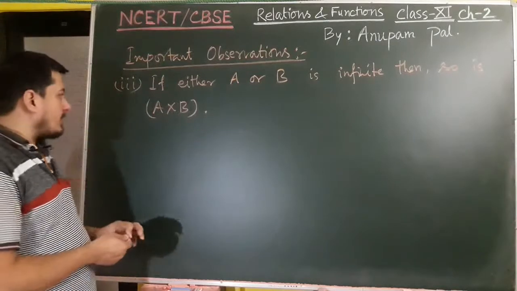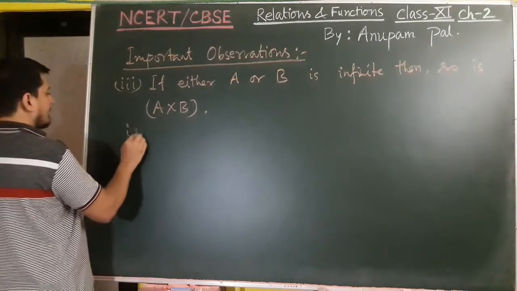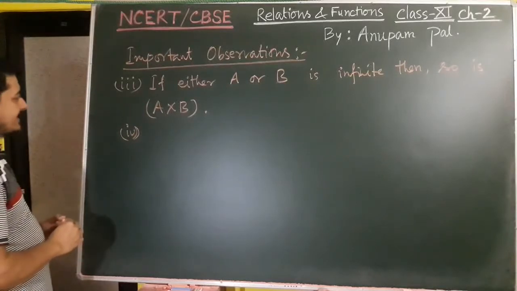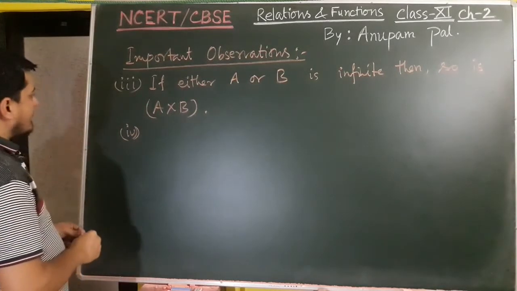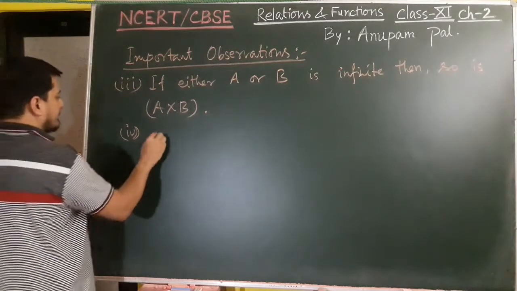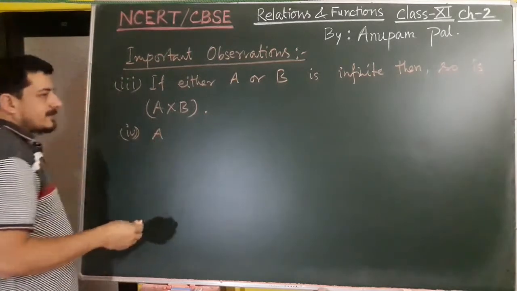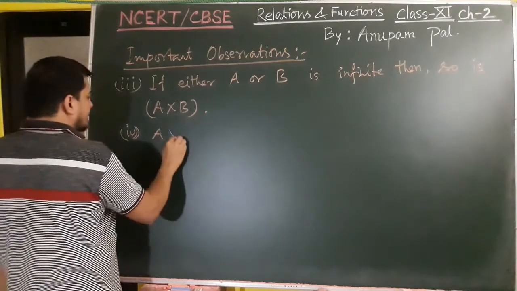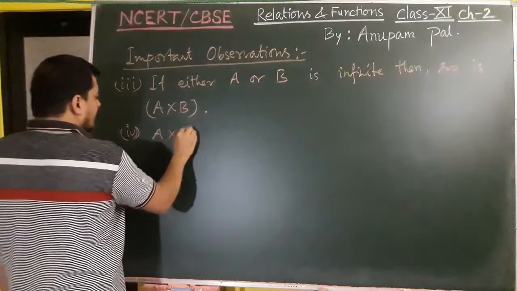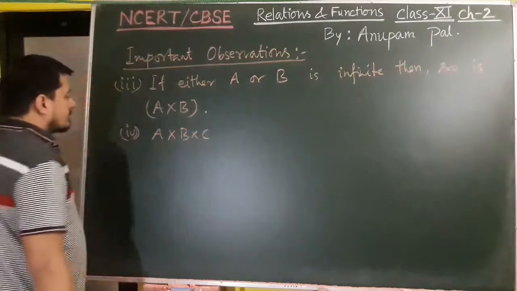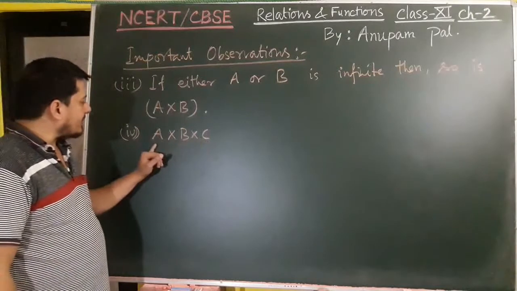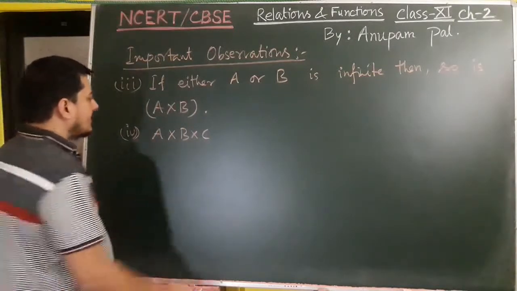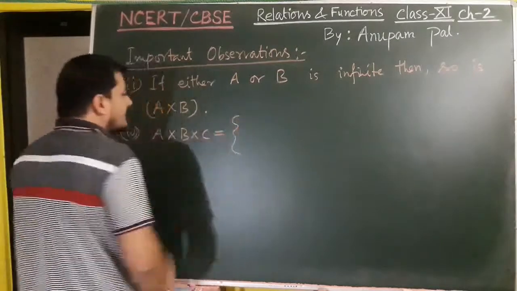Okay, then the last one, the fourth observation, is suppose you have 3 sets A, B, C. If you find the cross product of these 3 sets, that means A cross B cross C, how will you find the result?